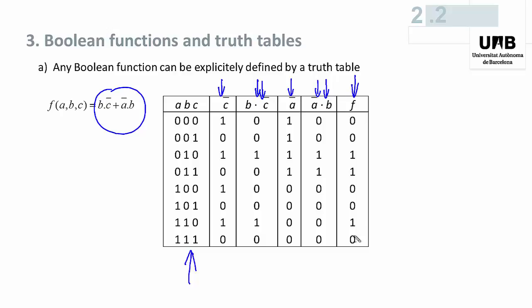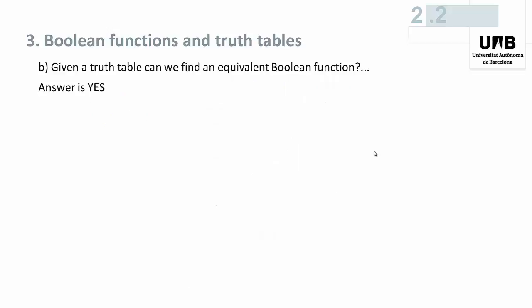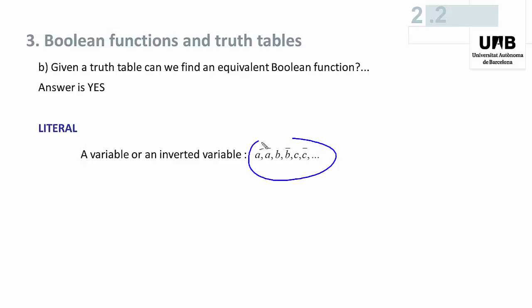so that finally you get this function. Conversely, given a truth table, can you generate an equivalent expression? The answer is yes, and for that we introduce first the concept of literal. A literal is a variable or an inverted variable.